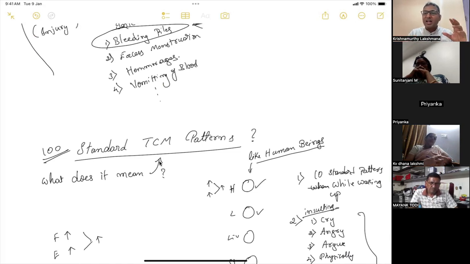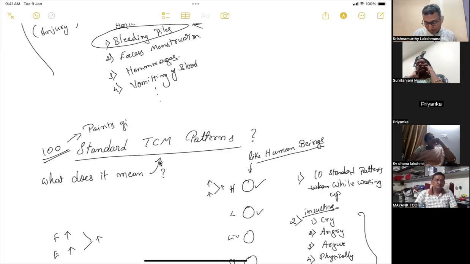Heart will have some 10, liver will have some 10, 15, and stomach will have 4, 5, spleen will have some 4, 5. So this is how they have figured out the patterns in which the organs behave. And they have given the points for this standard behavior.